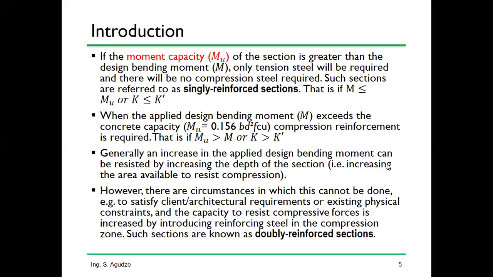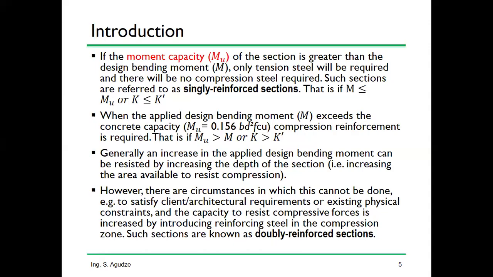Now, in our previous lecture, that was lecture 3, we learned more about code provision for design of beams in accordance with BS 8110 and other relevant codes. And we learned how to design a singly reinforced beam section.